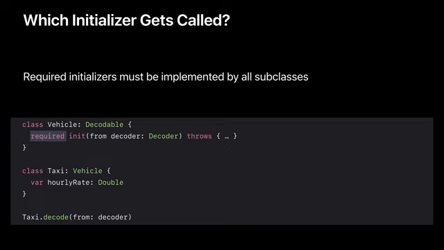By adding that requirement, it means that when Taxi inherits from Vehicle, it also needs to introduce an initializer with the same name. This is important because this initializer is responsible for decoding the hourly rate and then chaining up to the superclass initializer to decode the rest of the Vehicle type.